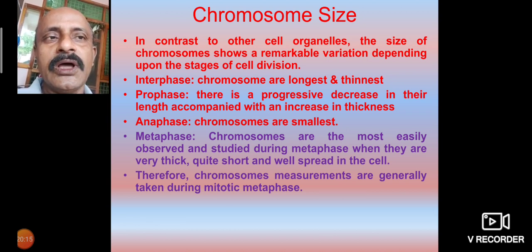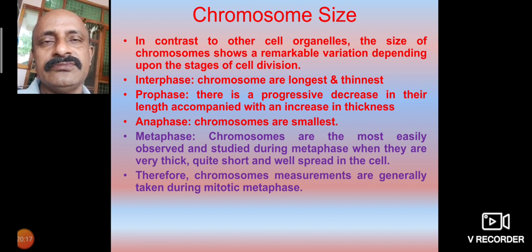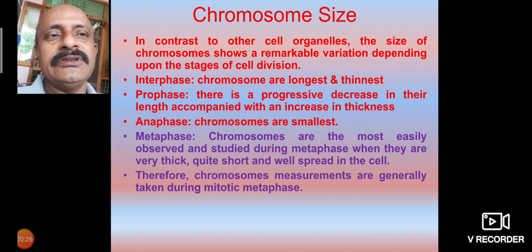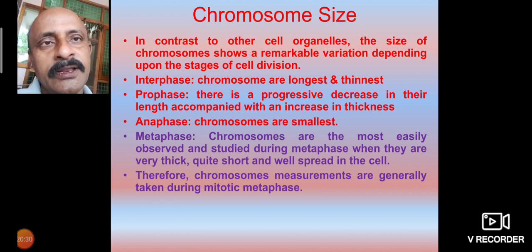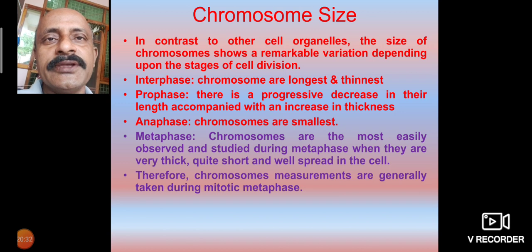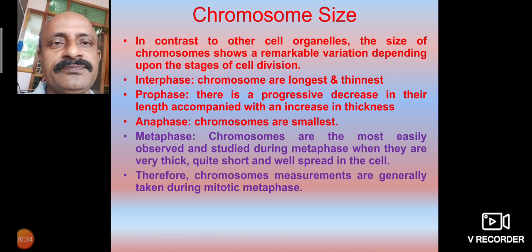Interphase chromosomes are the longest and thinnest. In prophase there is a progressive decrease in length accompanied by an increase in thickness. So interphase has the longest thread-like structure, but anaphase chromosomes are smallest.